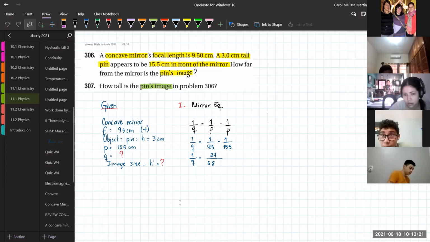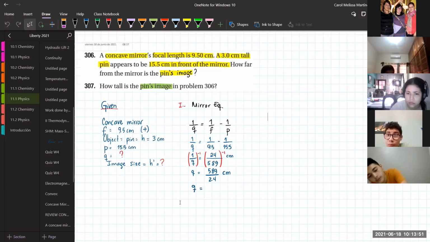Okay, these are centimeters. And then we apply the reciprocal function. So in the end, Q is going to be equal to 589 divided by 24 centimeters, and this in the end is equal to 24.54.